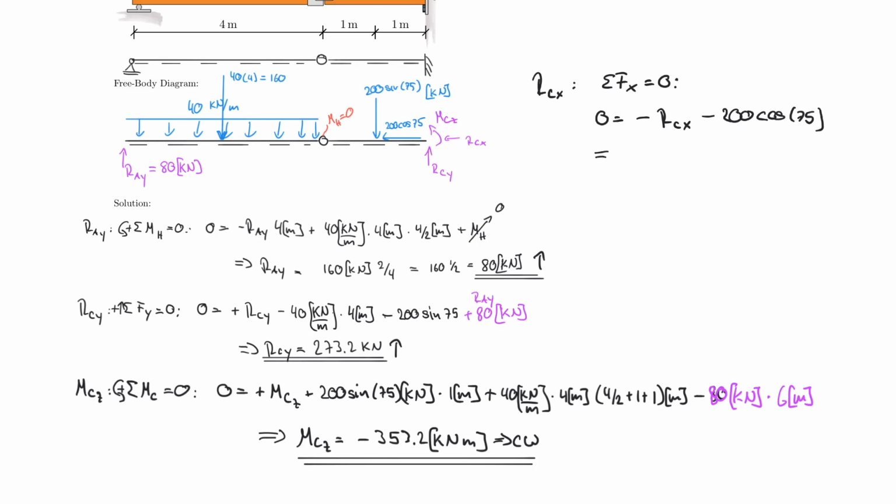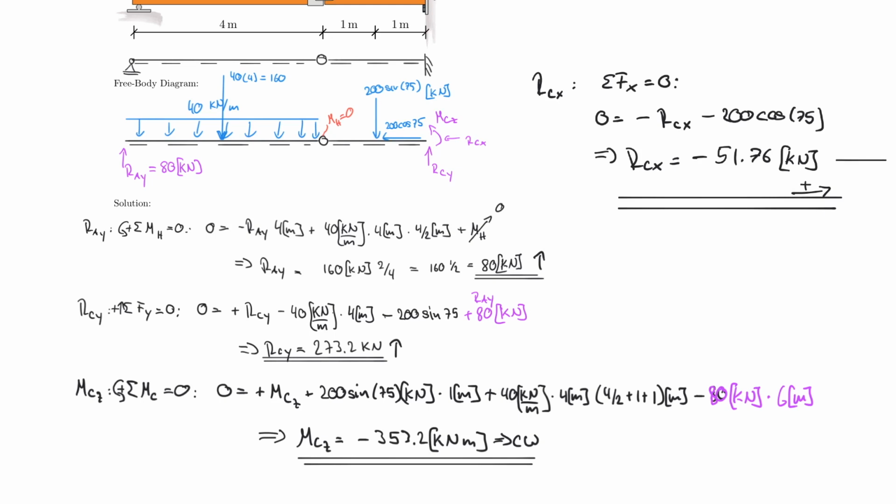And so therefore my RCX is actually equal to negative 200 cosine 75, which then in reality comes out to be minus 51.76 kilonewton. And that in reality means that the force is going to the right, so positive to the right. And that is yet another result.